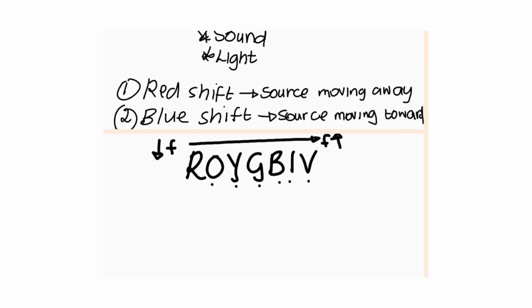And when you move from violet to red, your wavelength is increasing, meaning the wavelength here is bigger and the wavelength there is smaller. Okay, so you need to know this with Roy G. Biv. It means red color has a smaller frequency and a longer wavelength, and when you go towards violet, violet has a higher frequency and a smaller wavelength.